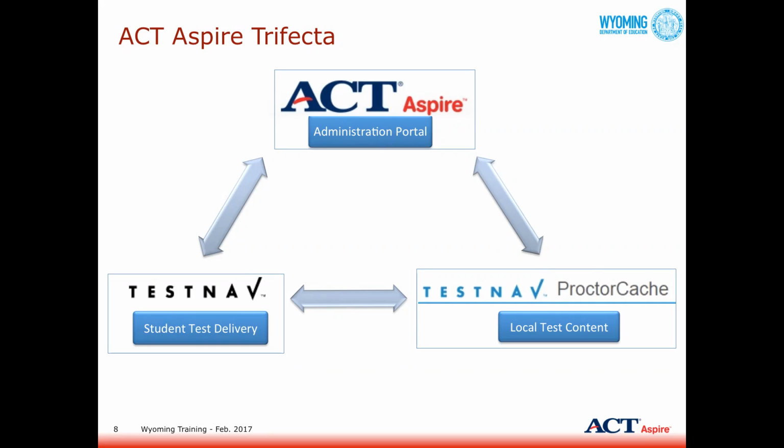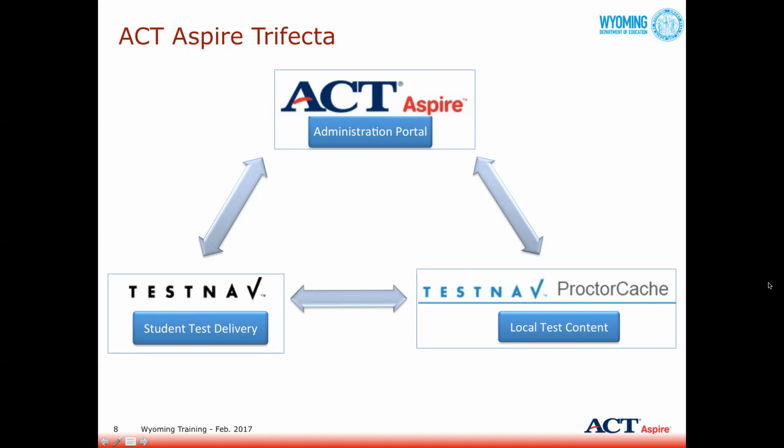So what we found is that Proctor Cache has been a very useful tool in establishing and maintaining all that content, linking it, and providing that data directly to the TestNav apps themselves. So again, this is the ACT Aspire trifecta, as I call it: the portal at the top, the Proctor Cache agent on the right-hand side, and the TestNav app on the left-hand side.